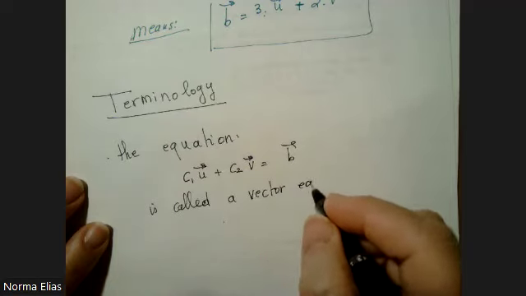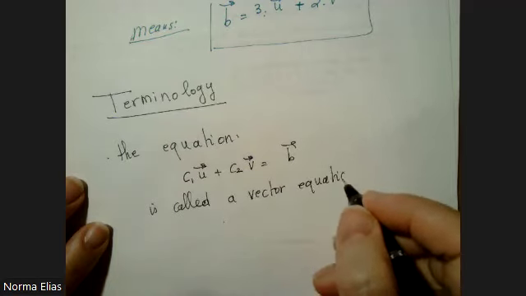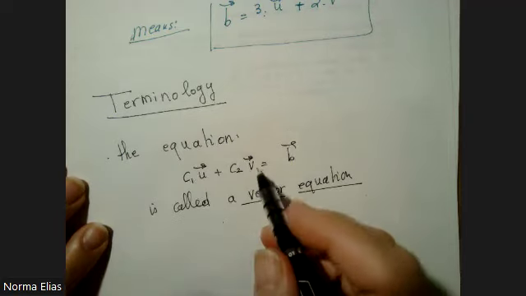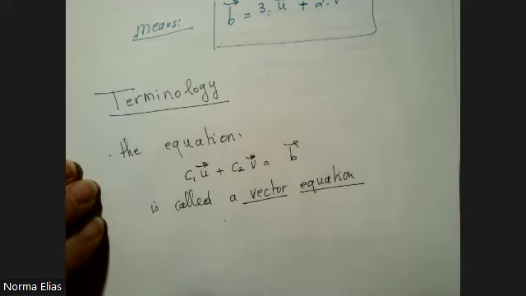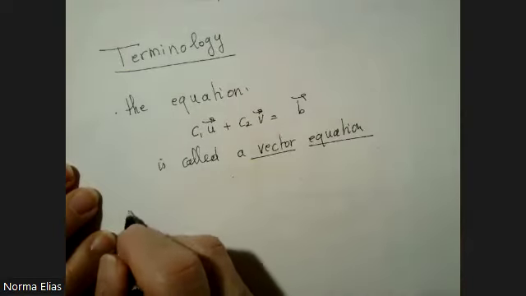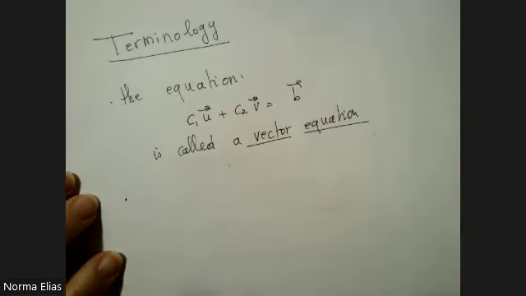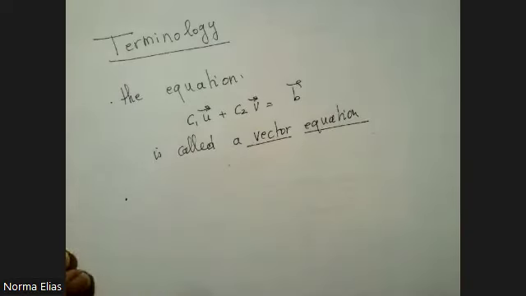A vector equation. Equation, because we have equality. Vectors, because we have equality between vectors. And that's the remark about this idea right here that I've talked about.